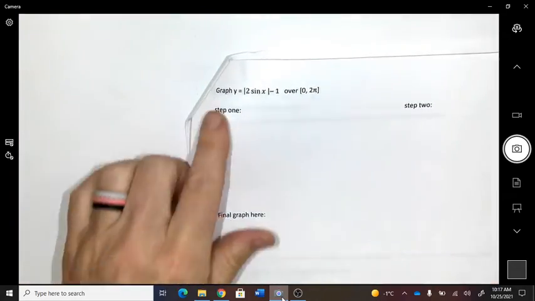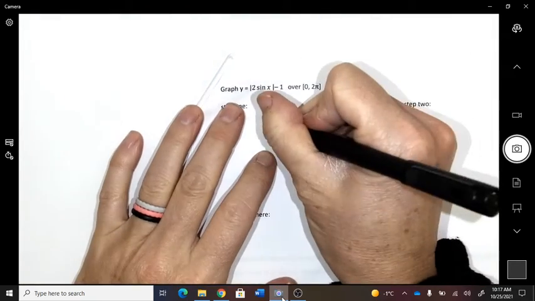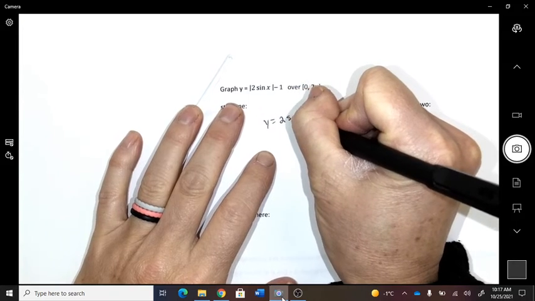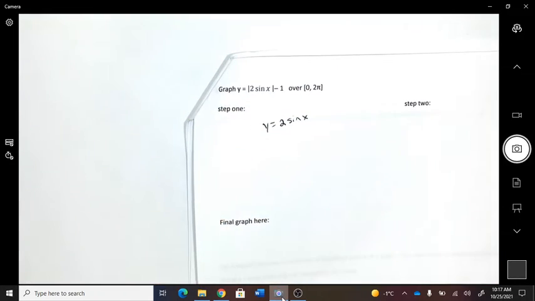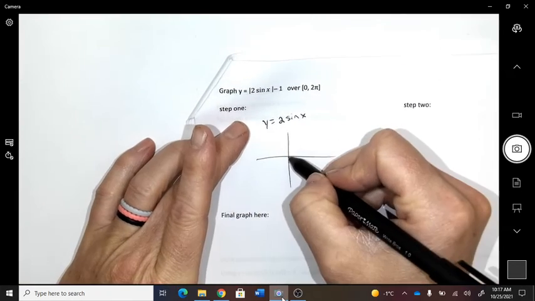Next, I'm going to graph 2 sine x, just that right now. Because it's inside the bracket, I'm going to vertically stretch this thing first.